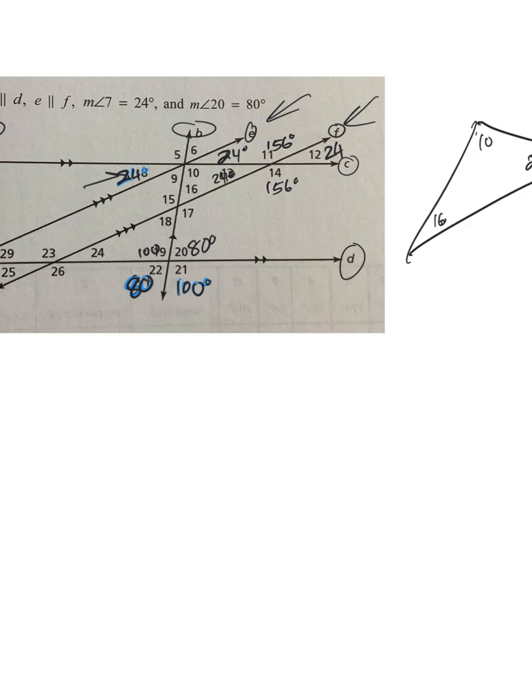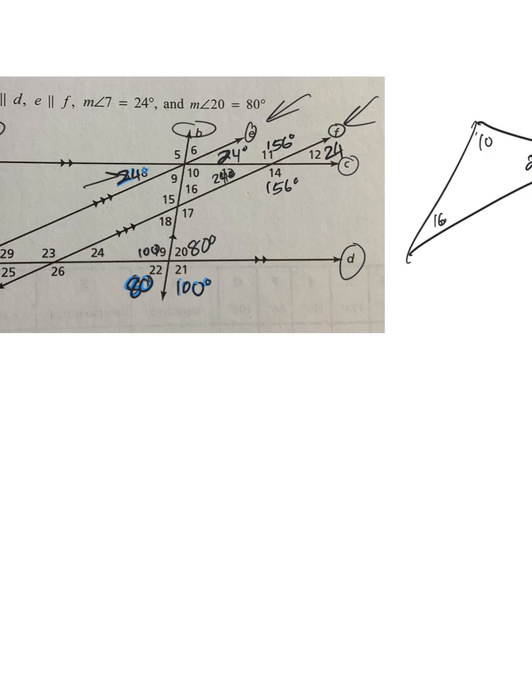Angle 6 is 56 degrees. Why is it 56 degrees? Well, angle 6 and angle 5, whichever one's 24 degrees. Angle 20 is 80 degrees in that area.